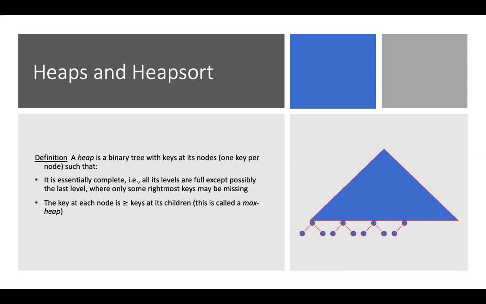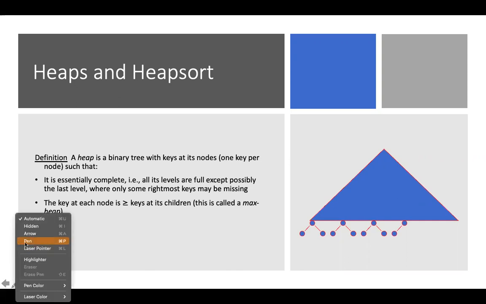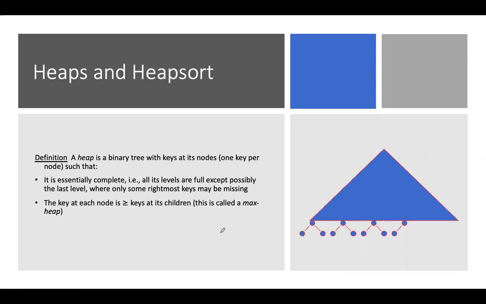Okay, you already know what a binary tree is. In a binary tree, nodes will be there. In a heap, the nodes will have values. Each node will have a key, which is nothing but the value in the node, and it is essentially a complete binary tree. Okay, what is a complete binary tree?